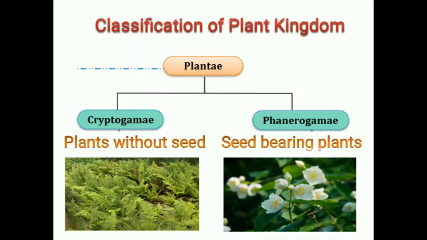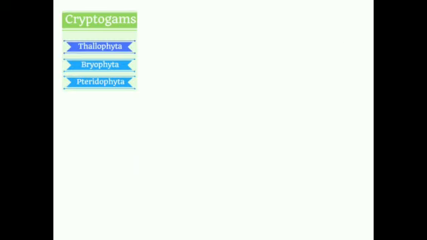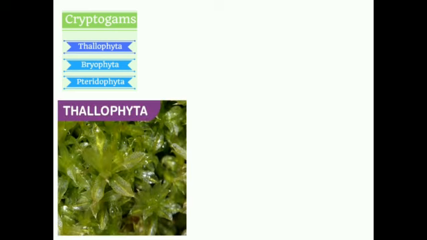The first one is cryptogams. They are divided into three major groups. The first is Thallophyta, the second is Bryophyta, and the third is Pteridophyta. Thallophyta are the simplest plants and their bodies are not differentiated into roots, stems and leaves.